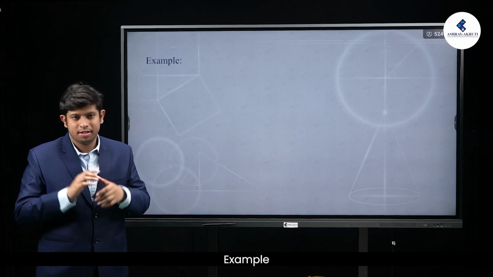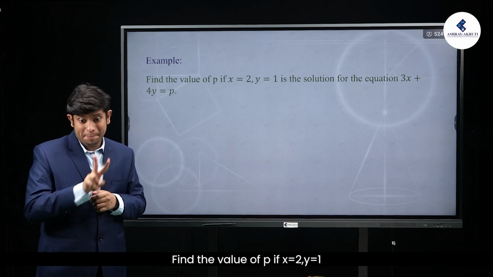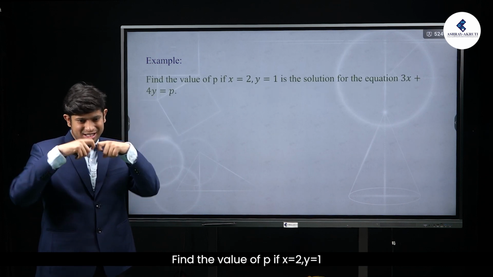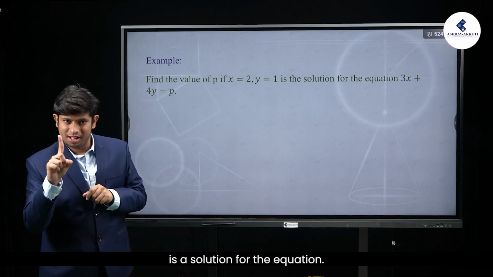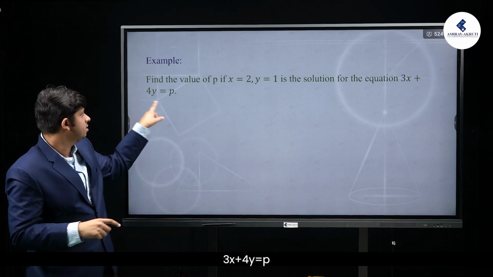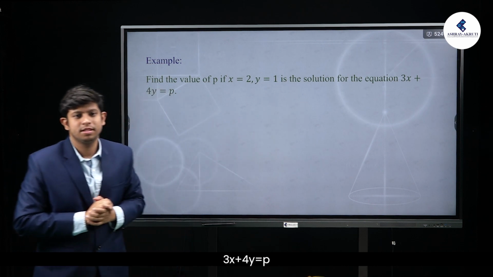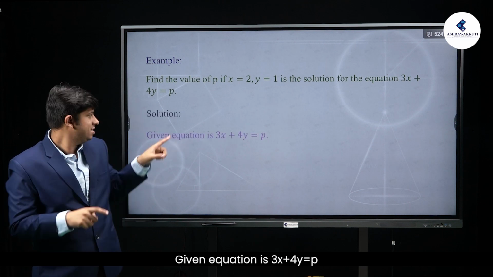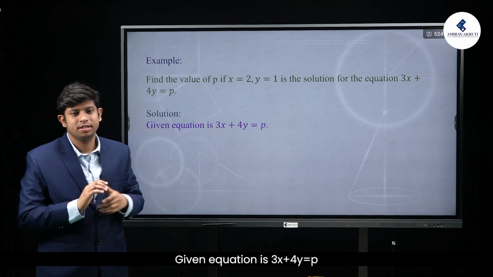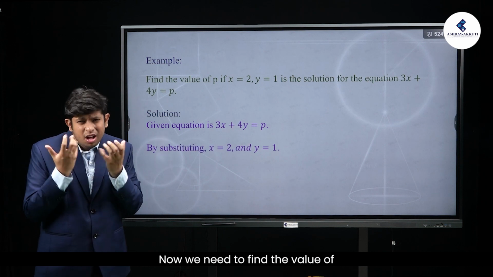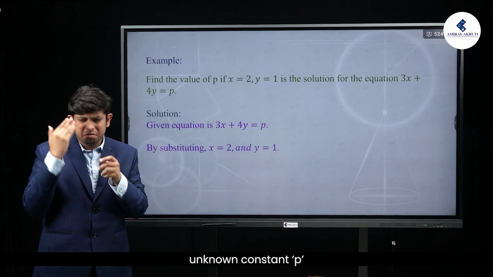Example: find the value of p if x equal to 2 and y equal to 1 is a solution for the equation 3x plus 4y is equal to p. Solution: given equation is 3x plus 4y is equal to p. Now we need to find the value of unknown constant p.